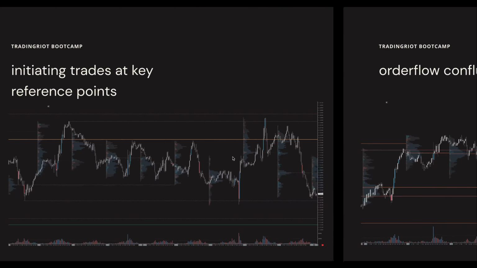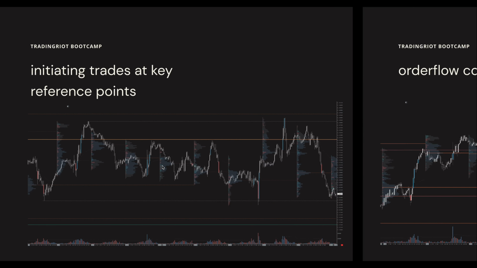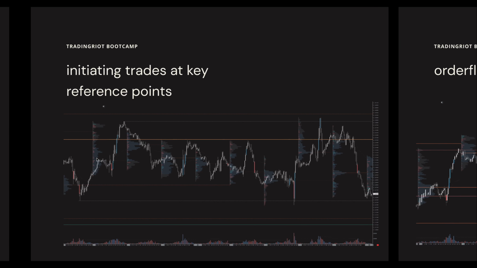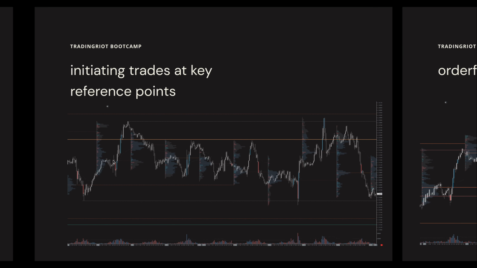If you see, I don't see anything where it actually failed, something like this. Okay, you take out this level of resistance here, the market sells off a little bit, but then it picks up the pace again, so you don't want to be hanging in trades like this.